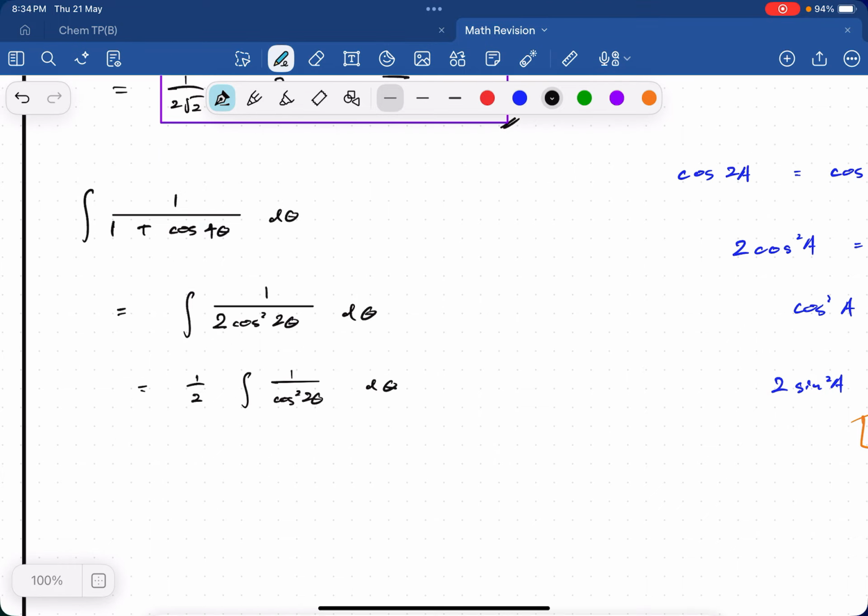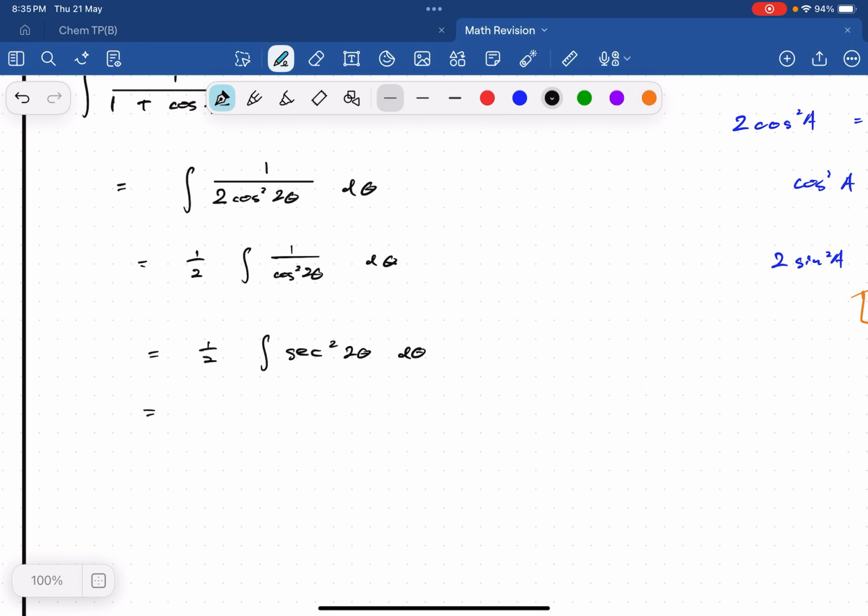And 1 over cosine squared is just secant squared. Okay? And please don't be a clown and forget how to integrate secant squared. People, we learned this in Sec 4 A Math. Integral of secant squared is tangent. And remember, because this is a 2 theta, I must take out another half. So this one instead of half will become 1/4 tangent 2 theta plus c.